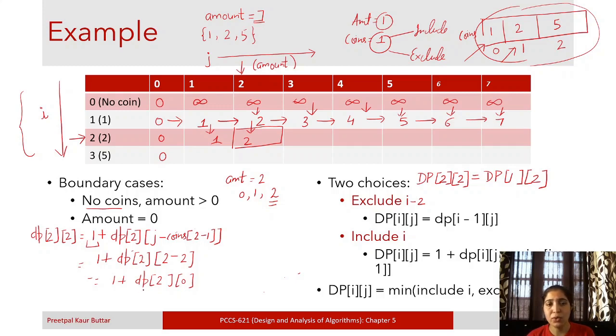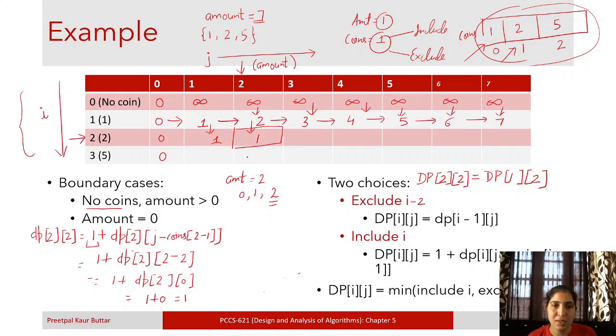For amount equal to 0 you do not need any coin, so in total you need only one coin. So using a 2 rupee coin you need only one coin to make the amount equal to 2, and out of these two solutions, exclude 2 or include 2, you will include 2, so the final answer will be 1, right?